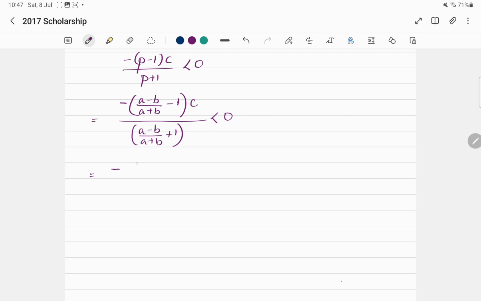Equals minus. If I take A plus B as common denominator, I will have A minus B minus, and here it's going to be minus 1 times A plus B, so it's a minus sign there, so it's going to be minus A minus B, right? So in that case, that is done. We have C outside, and we can see that A minus A will cancel each other.